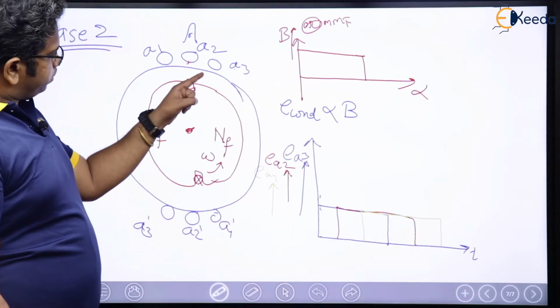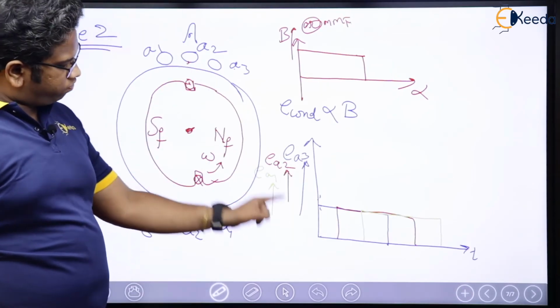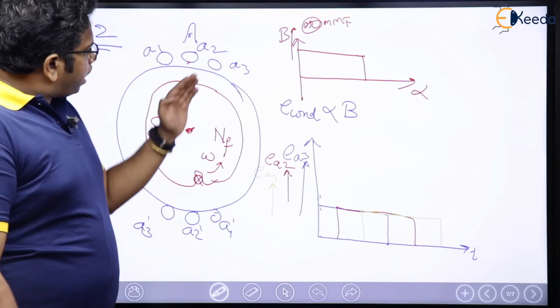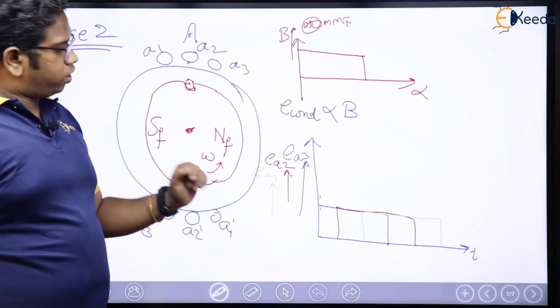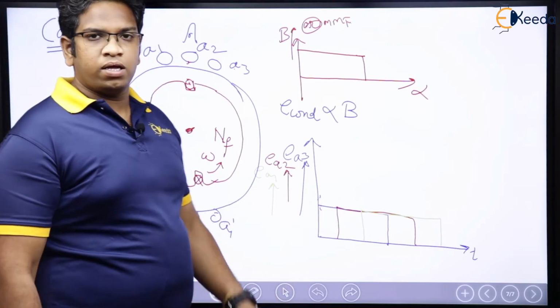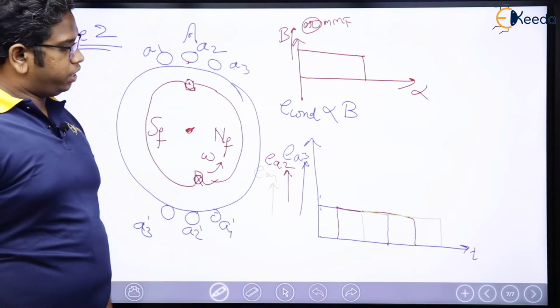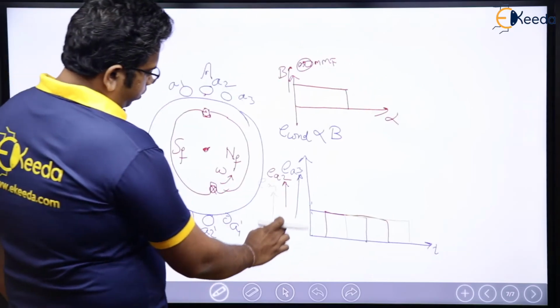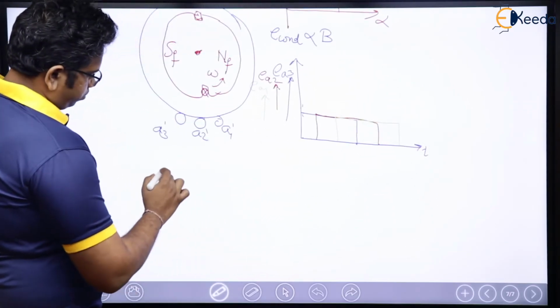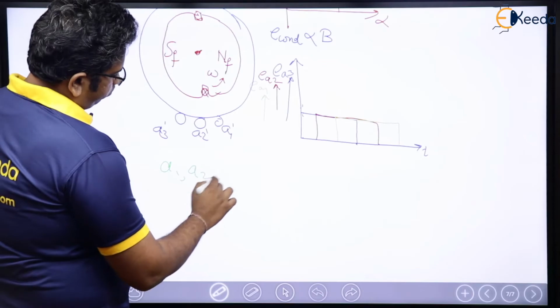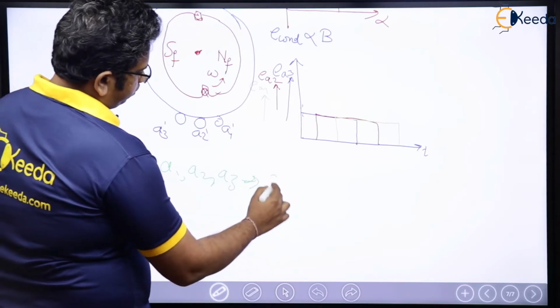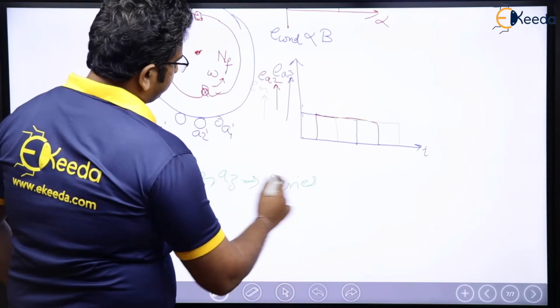But here, since A3 maximum occurred first, this blue. After some time, A2 maximum occurred, means red. After some time, yellow, A1 maximum occurred. Now, if I connect A1, A2 and A3 in series, then what will I get here? Very simple.